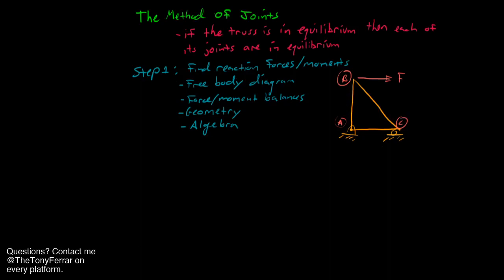And if we were to draw a free body diagram, we would remove the supports and instead give this its reactions. So A has a vertical reaction and a horizontal reaction, and C has a vertical. If we define X and Y like so, we can call these AY, AX, and CY.